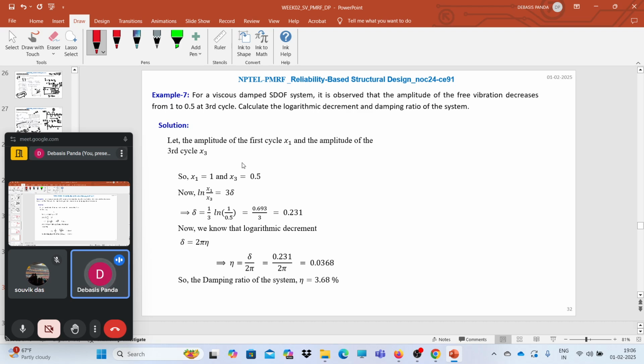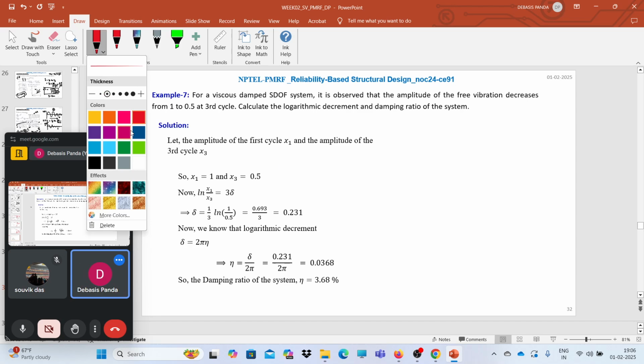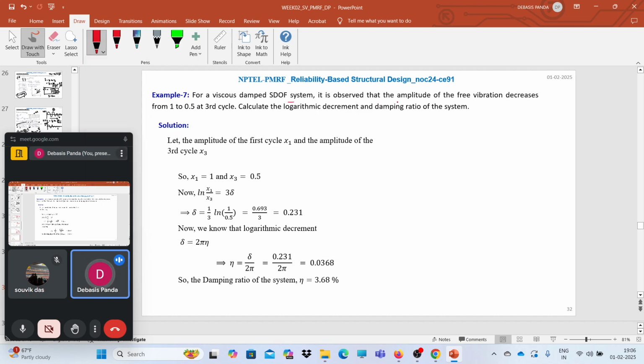Now next question. So for a viscous damped SDF system, it is observed that the amplitude of the free vibration decreases from 1 to 0.5 in 3 cycles. So first amplitude, say x i or x1 was 1, and after 3 cycles, i plus 3, it got reduced to 0.5.